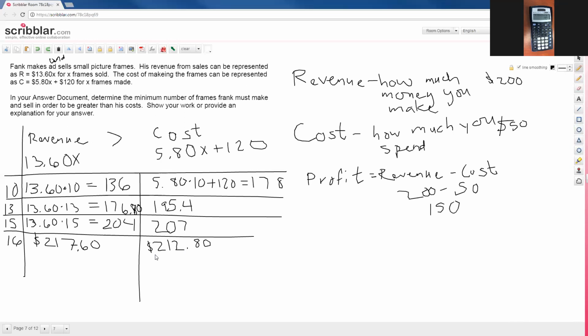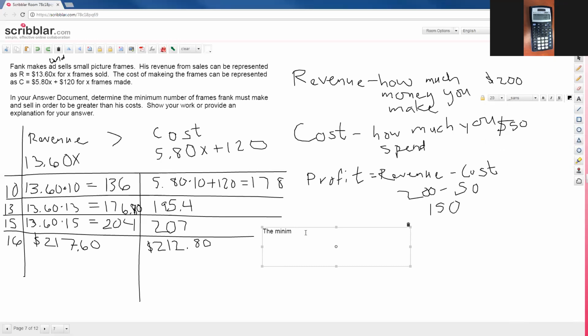So you should now provide an explanation. We did show work doing this table, but it's always good to also include an explanation. And so you might write something like, the minimum number of frames, kind of take from the sentence. It said to determine the minimum number of frames.